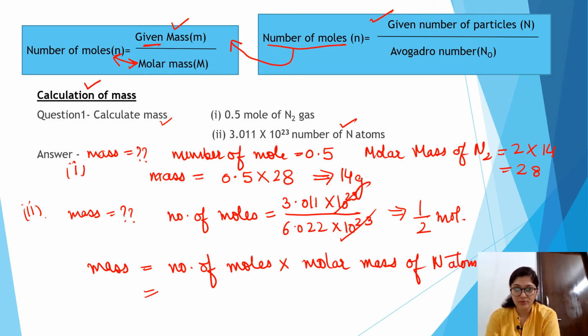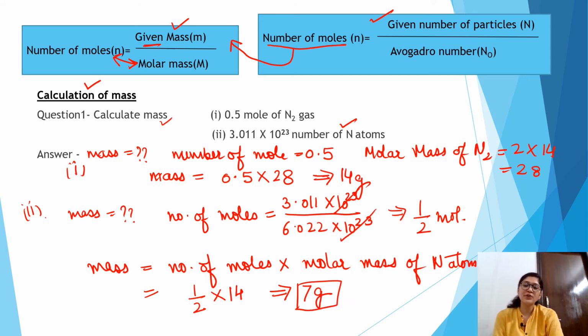So we have already calculated number of moles, which is this much, and molar mass is 14. So this comes out to be 7 gram. So in this way, if the number of particle is given and mass you have to calculate, then first you have to calculate the number of moles. From the number of moles, just put the formula and simply we get the given mass.